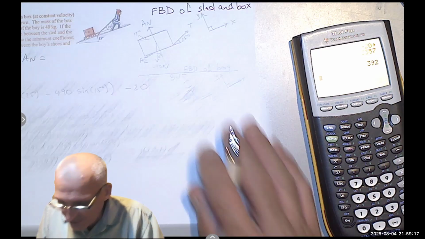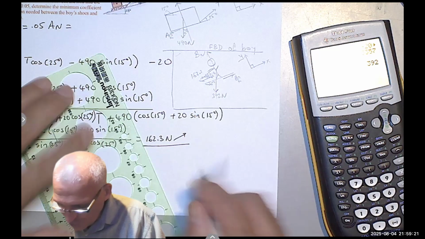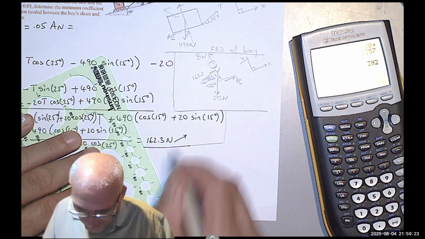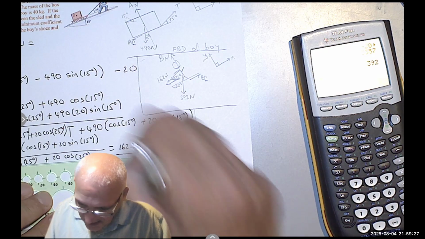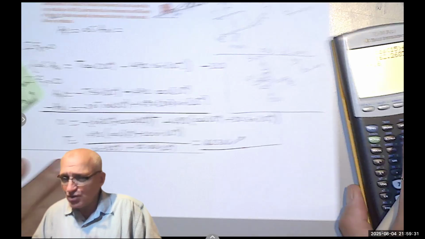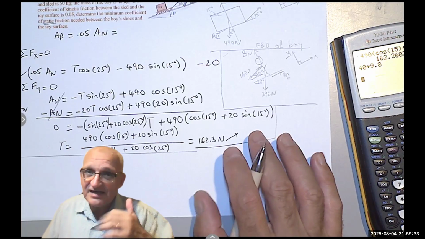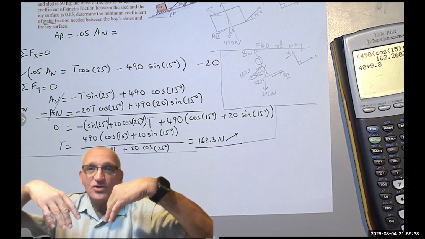Now, like I did in the previous problem, I would be writing two equations of equilibrium, one in the x, one in the y, and then dividing the x by the y to find the coefficient. So it's almost identical to what we did there, except that there is no A sub n and A sub f inverted on the boy.